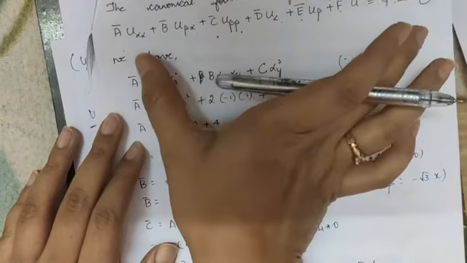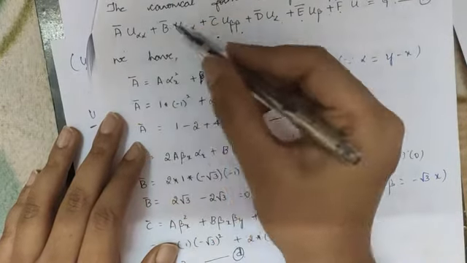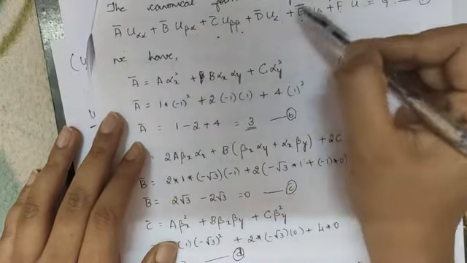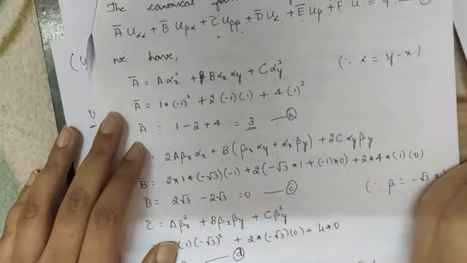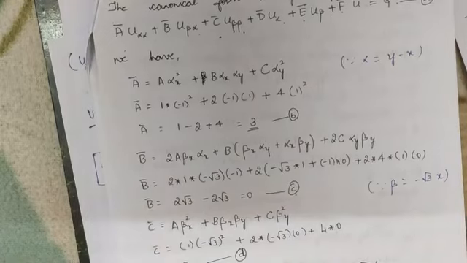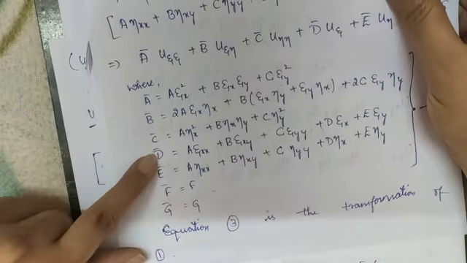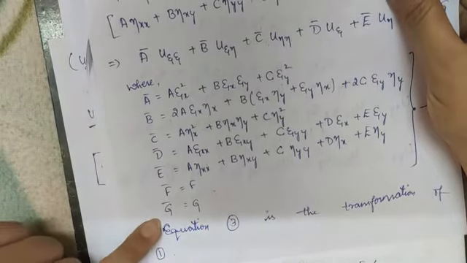We will consider this canonical form equation. Here I have to find out the value of a bar, b bar, c bar, d bar, e bar, f bar and g bar since it is elliptic, right? While doing the derivation part, you can observe we have seen a bar, b bar, c bar, d bar, e bar, f bar, g bar values.